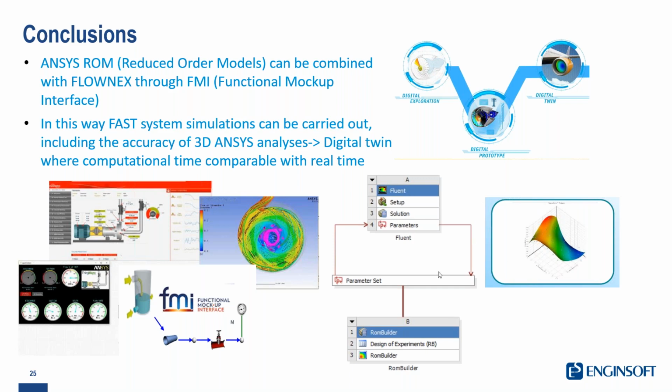And all this work is done before, to create a surface of response from the 3D simulation. But at the end, you have just one file that can run really quickly, and can be linked to a single component in Flownex to have a real digital twin, so a model that can run really quickly, with lower computational time and not a big effort.